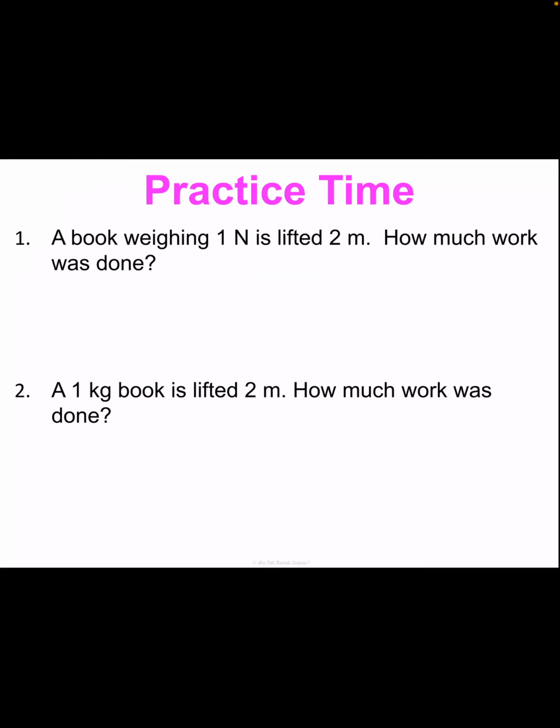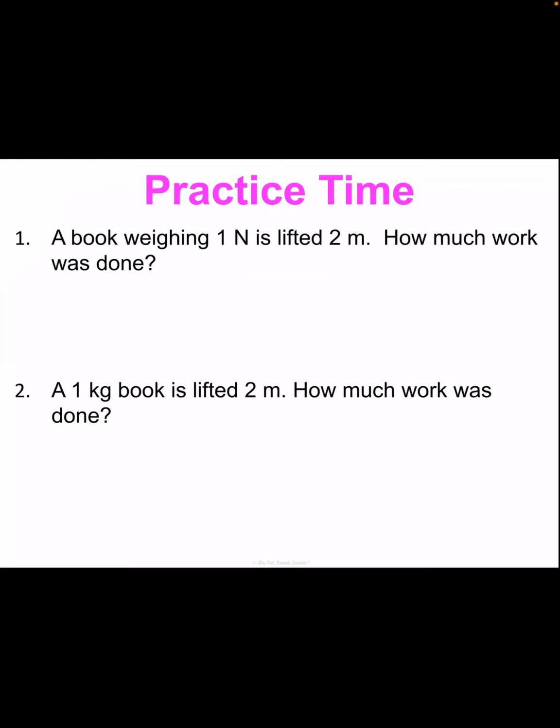Just separate your practice time into 4 spots and then number them 1 through 4. So again, on the bottom of page 25, where you're writing these notes, you'll want to separate the practice time space into 4 sections.